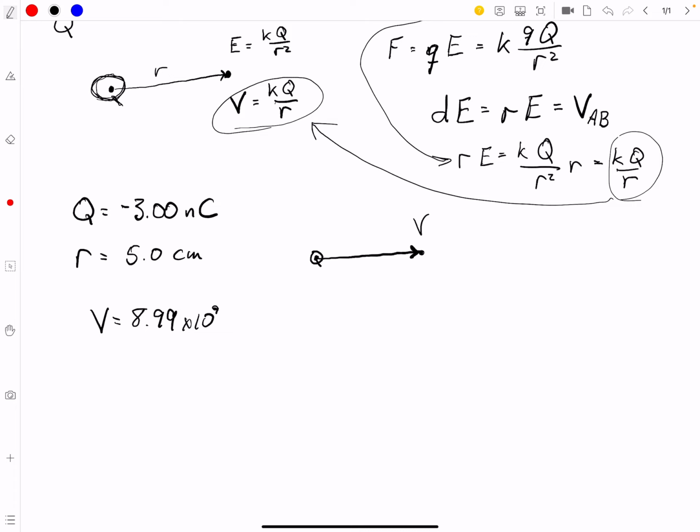So there's our K. We're going to multiply that K times minus 3.00 times 10 to the minus 9 coulombs, and we're going to divide by our 5 centimeters, which is 0.05 meters. And we do all of that, and it'll end up giving us volts.